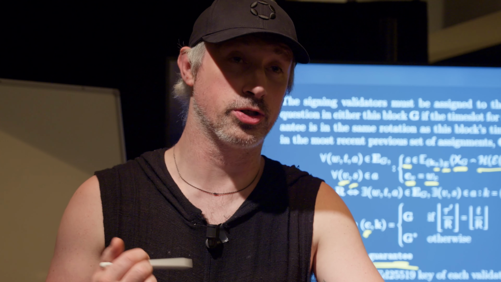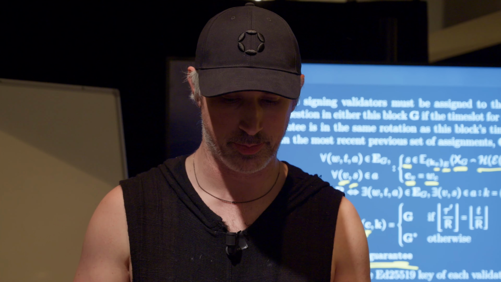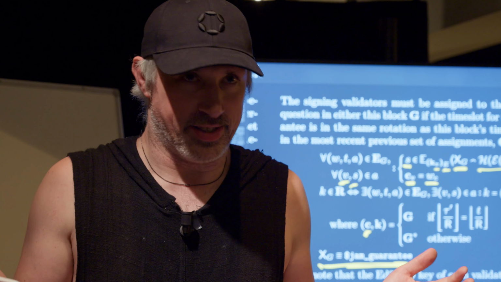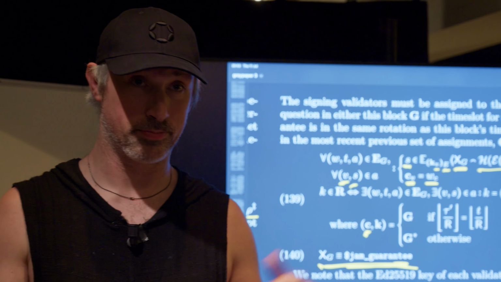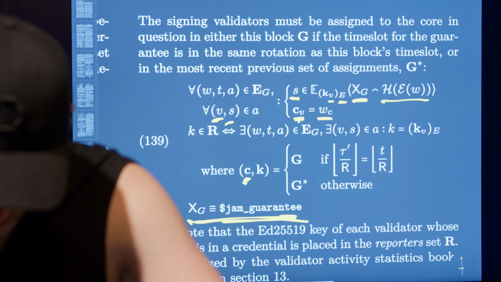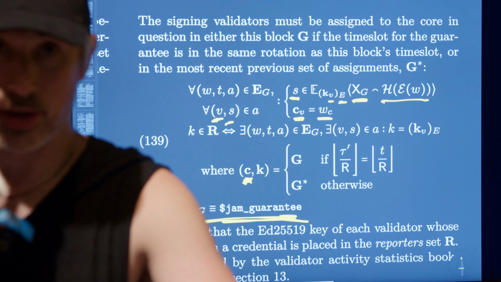This is important because the authorization system works on a core basis. You can't transfer authorizations between cores. Basically, this is agile core time. When you purchase agile core time, you purchase it on a specific core index. Good. So C, as I mentioned here, is the first item, from G or G star.